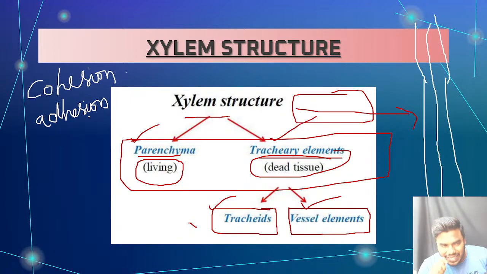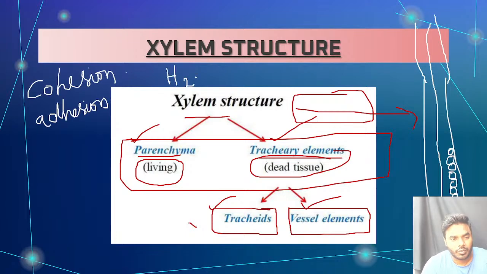When we start sucking, obviously the water chain will come up. Friends, imagine the same mechanism here. Just replace the straw with the xylem. In the xylem, one water molecule is associated with another water molecule like this, by cohesion.